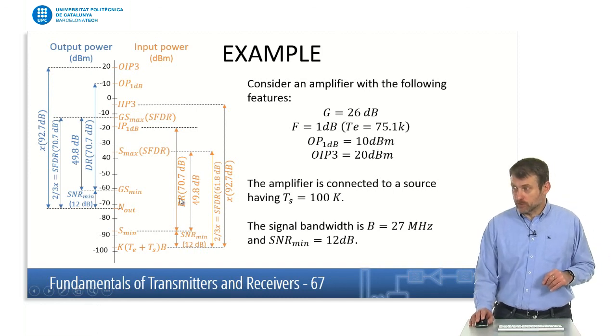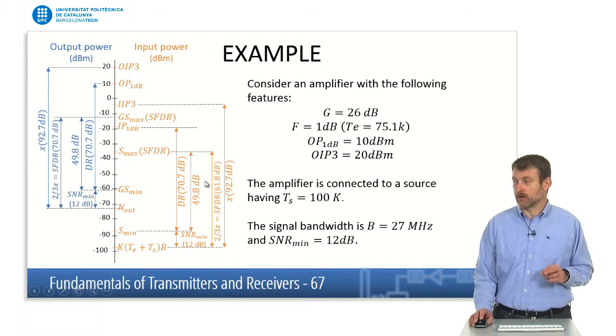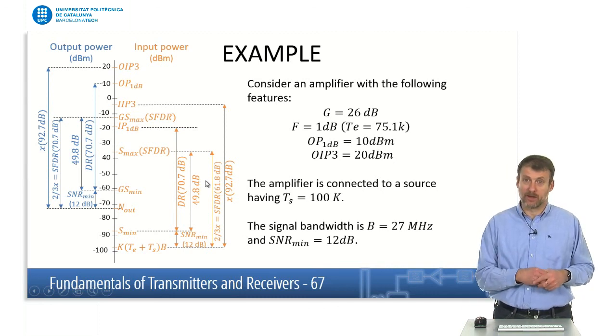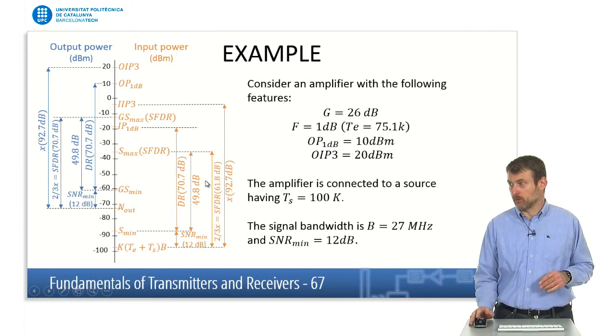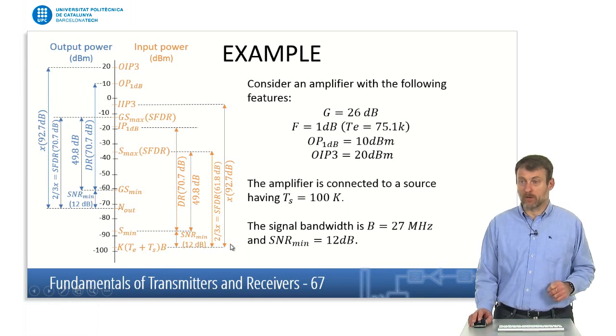Some authors call this spurious-free dynamic range, right? Because as I said, there's not a unique definition across all possible references, right? So that would be the summary of the power levels and dynamic ranges that I have described before.